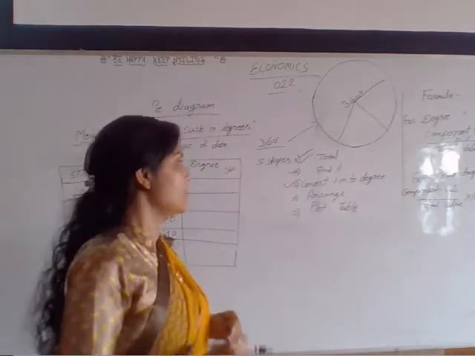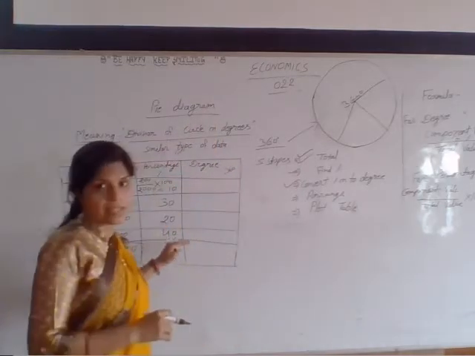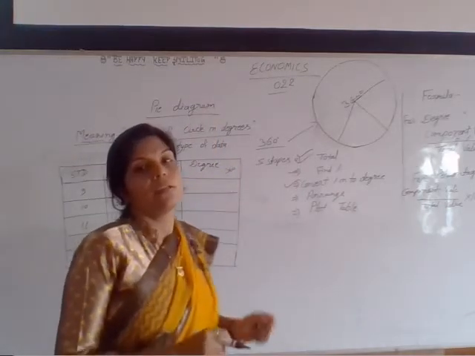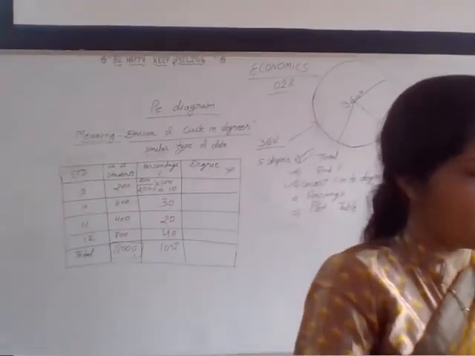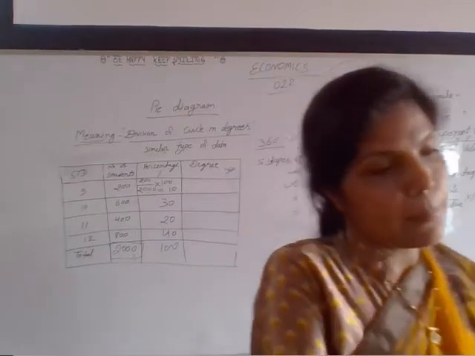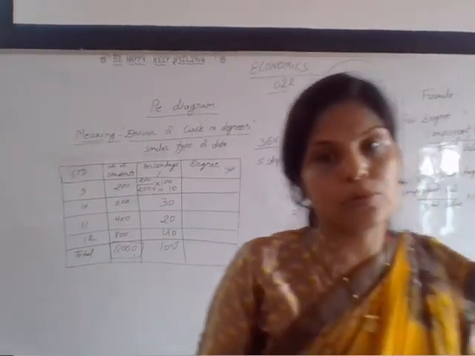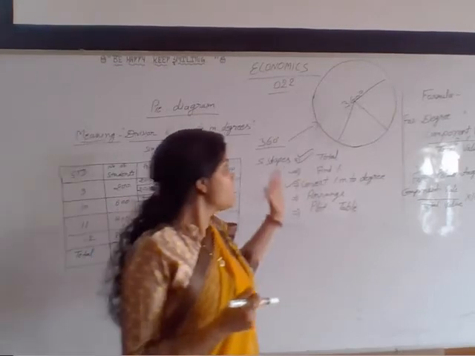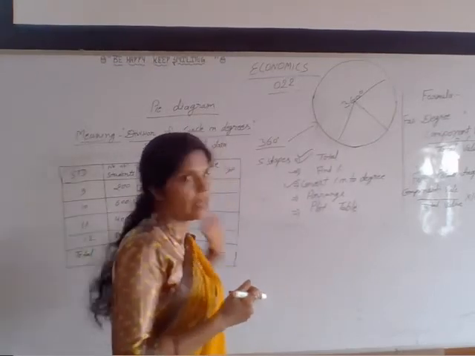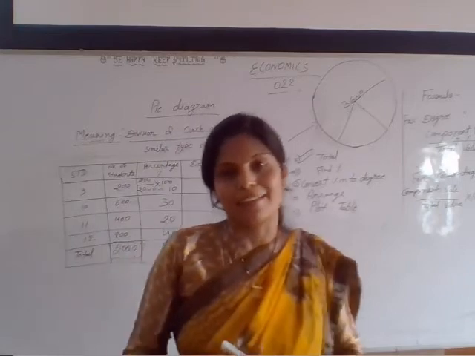Okay, so then we will get these next values. In this we will use this formula and we will get this. But remember that if we are converting percentage directly into degree, then a shortcut method is there.